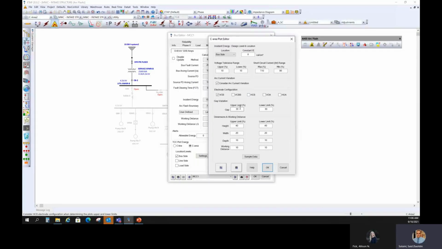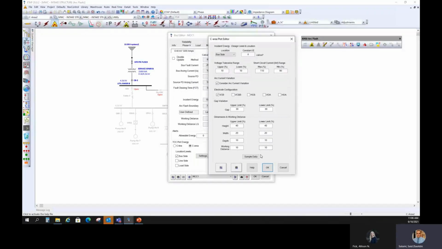And then we have a gap variation, upper limit and lower limit. Then we get to enclosure dimension, where we have height, width, depth, with the same upper limit and lower limit. You can enter any variation percent into this box, and then working distance.